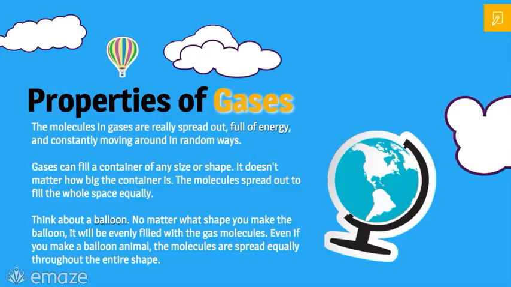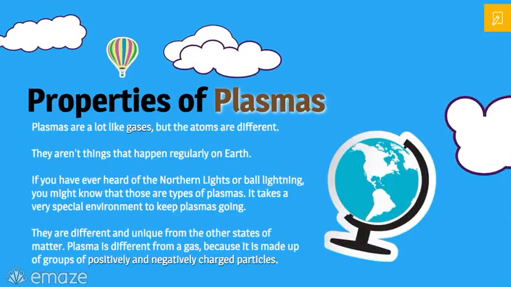Now for some fun. We have plasmas. Plasmas are a lot like gases, but the atoms are just different. And as I said earlier, they aren't things that happen regularly on the earth. If you have ever heard of the Northern Lights, they're actually pretty cool, and they're a type of plasma.